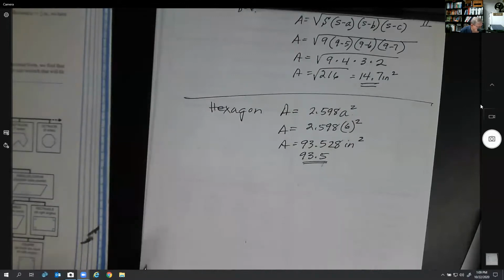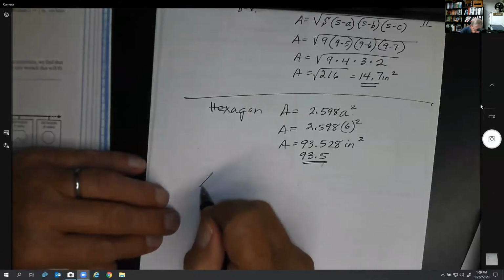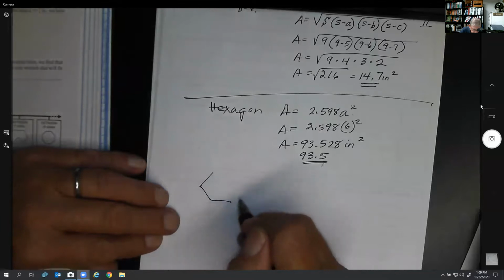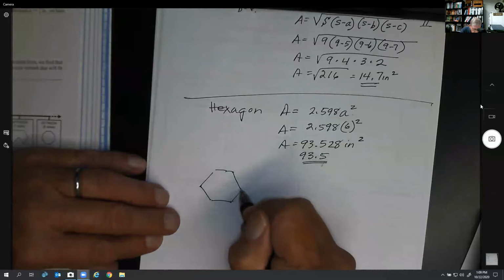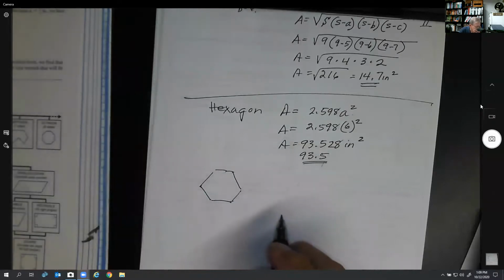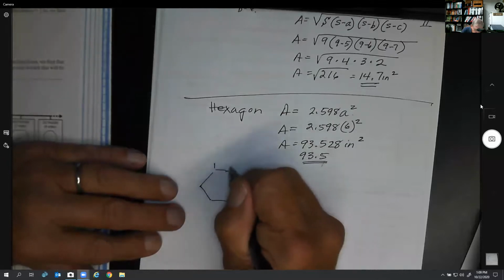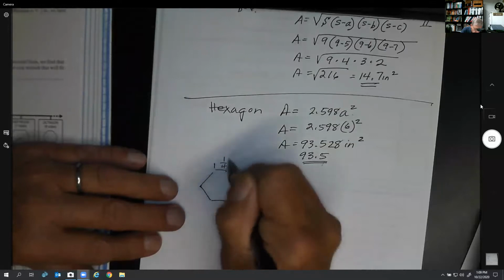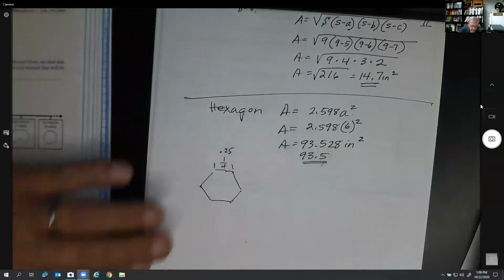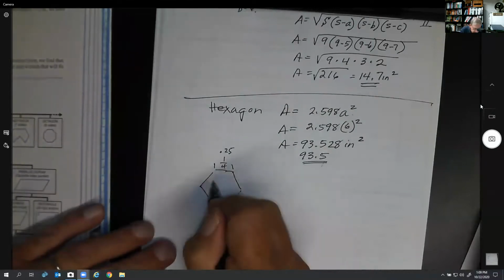So let's try a problem here. Let's suppose we have a drawing here. And we happen to know that this distance right here is a 1/4 inch. Well, we'll call it 1/4, but we could also call that 0.25. And we want to know what are the flats?